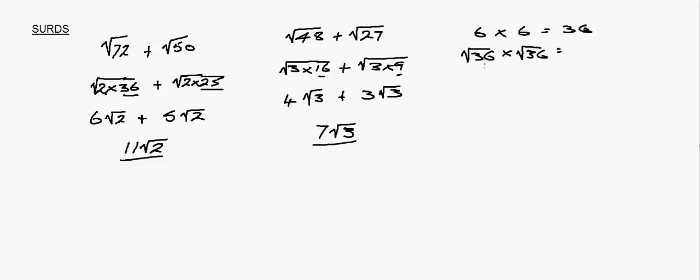So if the root of 36 multiplied by the root of 36 is exactly the same as 6 multiplied by 6, then our answer will be the same. Root of 36 is 6, multiplied by the root of 36 is 6. 6 times 6 is 36. Now you can see here that this question and this question are identical. So I can see that root 36 multiplied by root 36 gives me whatever is the root.